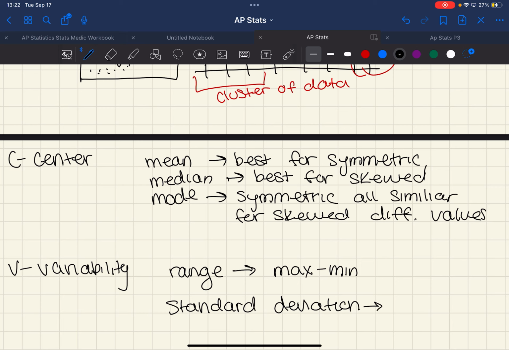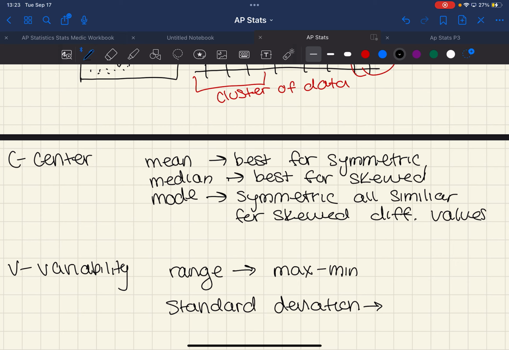Standard deviation measures the separation in the data set around the mean. It's calculated by taking the square root of the variance, which is the average of all the squared differences between each value in the data set. The standard deviation is a useful measure for symmetric distributions because it takes into account the entire trend.